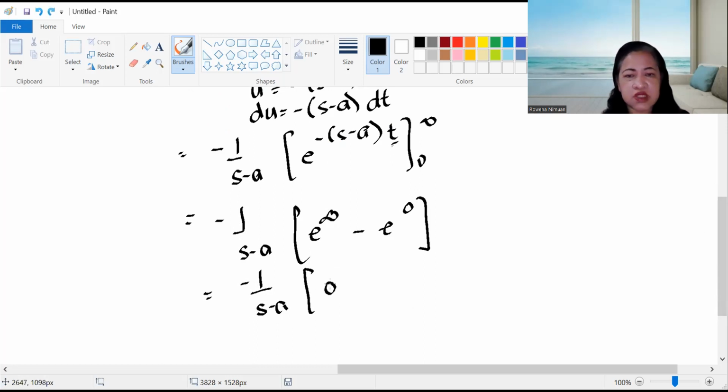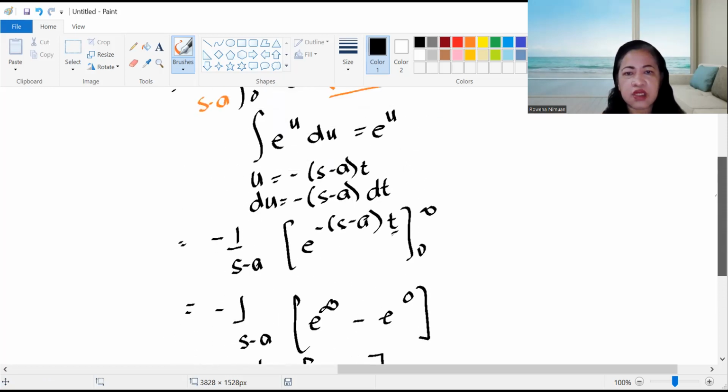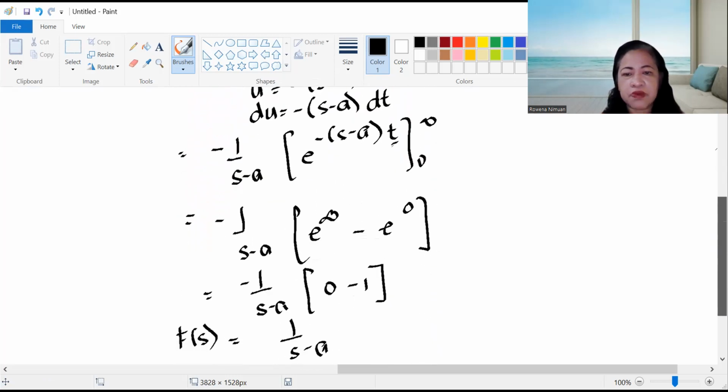So this will become 0 minus 1, and that will become 1 over (s minus a). So this is the function of s now, which is algebraic in nature. That is our second example, and that is the whole computation.